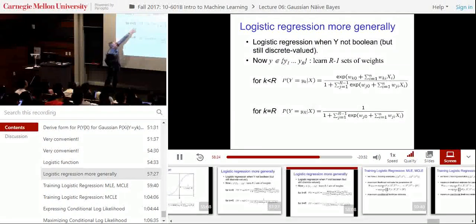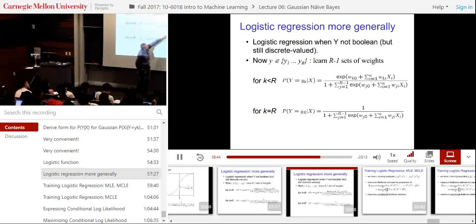In this case, it turns out that if y takes on r possible values, then for each of those, except the last one, we learn a separate set of weights for our linear combination of the x sub i features. So for y taking on its kth value, I need a weight associated with that kth value.